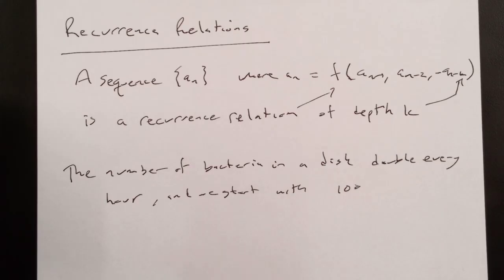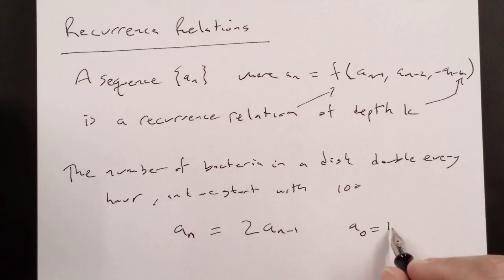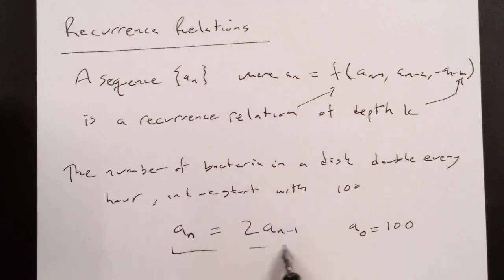If that is turned into a sequence like this, then I really want to say that the number of bacteria at n is given by twice the number that came before it, as long as I have this piece of information somewhere, and then I remark that this holds for n bigger than 0.